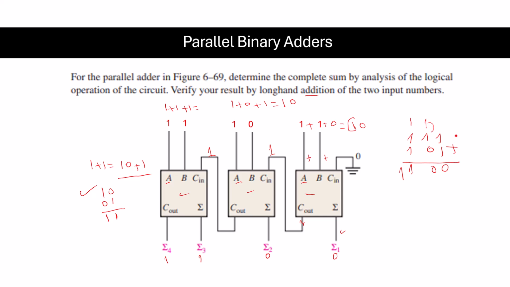We're going to verify this: 1 1 1 1 1, all this is just 7, okay, and the second operand is 5, so when we add these two numbers we get 12, so it's better this one be 12.